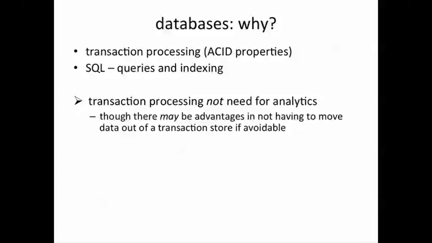At the same time, there may be some advantages in not having to move the data out of a transaction store and still being able to perform analytical queries or OLAP queries on them, if you can avoid moving it, so that you don't need to incur the overhead of transferring data from a row-oriented transaction processing database to, say, a column-oriented analytical database.